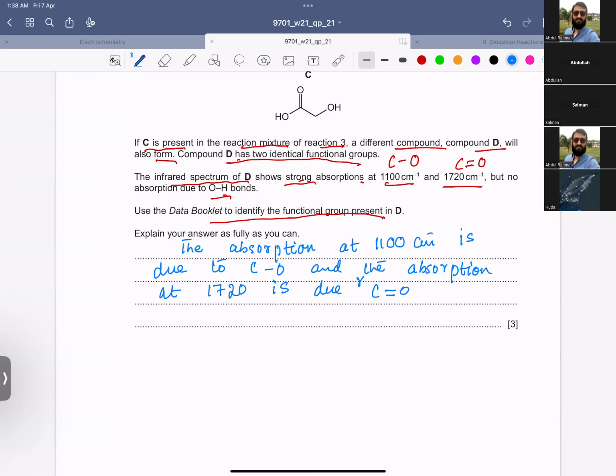For the third mark, you have written these 2 statements. Number 3, we can say that D is an ester.